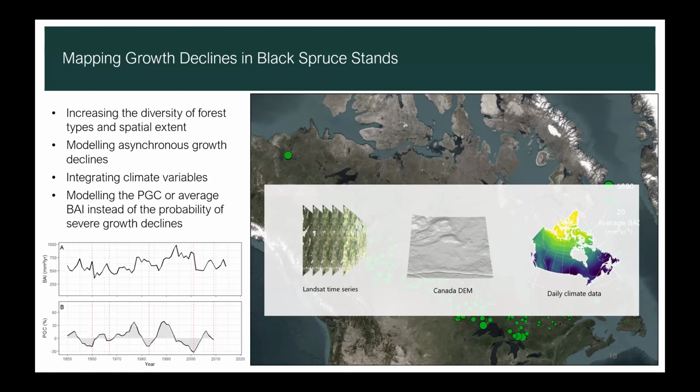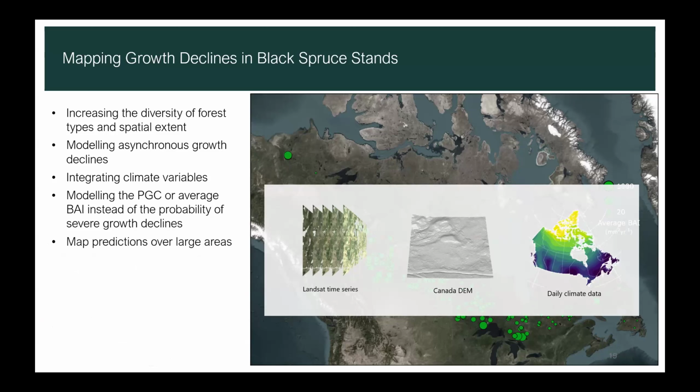But maybe we're also trying to model the percent growth change itself, or even the basal area increment, so the average growth rate over a time window of 5 or 10 years, to be able to map this growth rate over the landscape. I would have liked to present more results, but we've only just started, so keep tuned, and eventually we aim to be able to present some results.